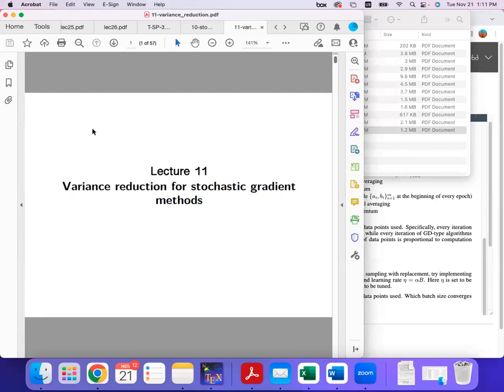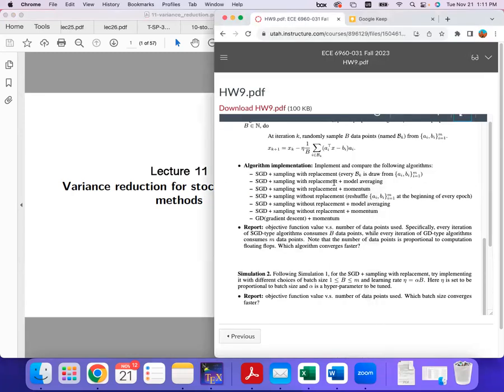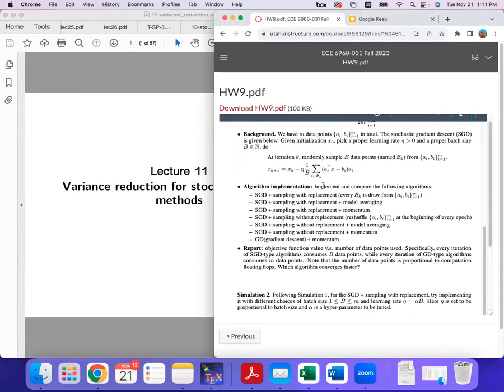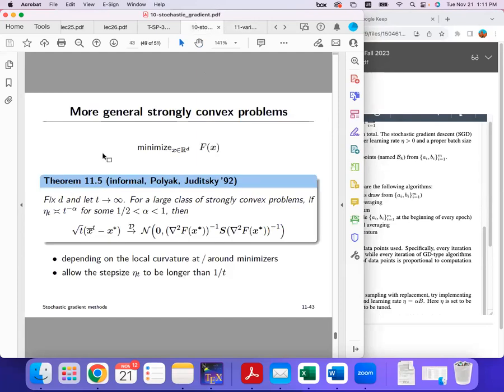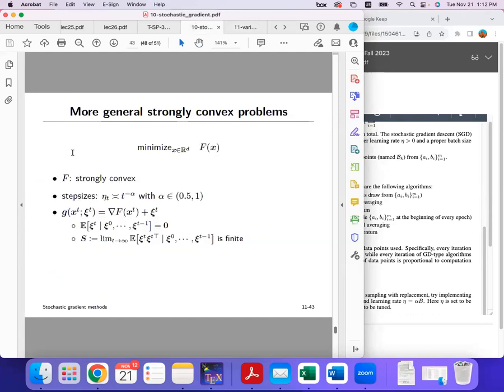Intuitively, if you implement stochastic gradient descent, you will see that it has a lot of oscillations sometimes, because the gradient is noisy and we are not expected to obtain a very smooth convergence curve.